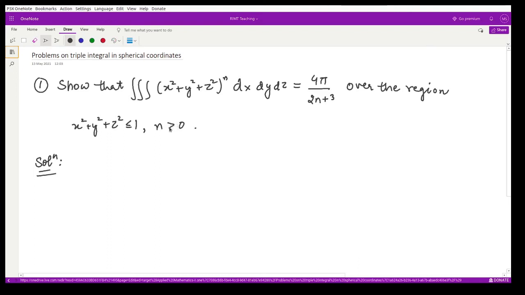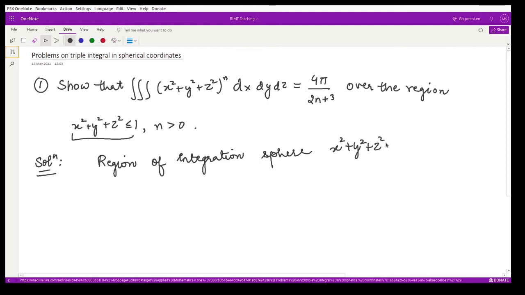One reason is that the region on which integration is to be performed is a sphere whose equation is x square plus y square plus z square is equal to 1. So this is the given sphere. It would be more convenient if you use spherical coordinates instead of the Cartesian coordinates.